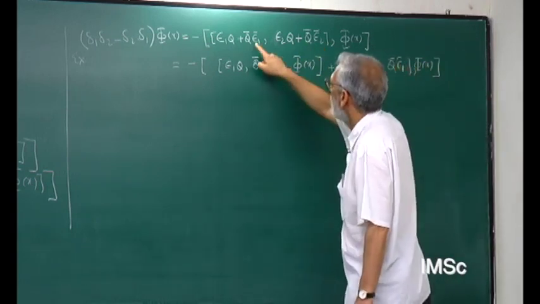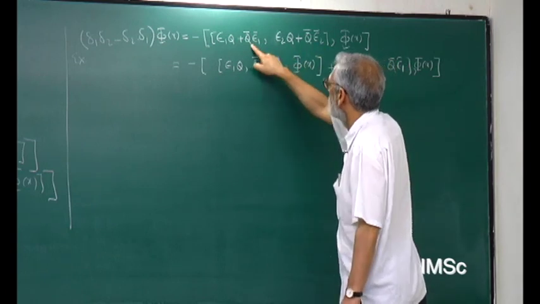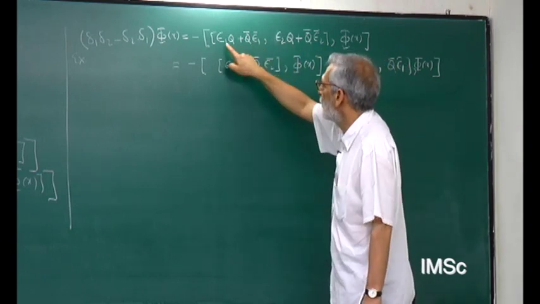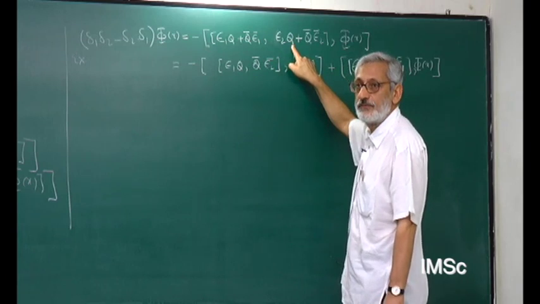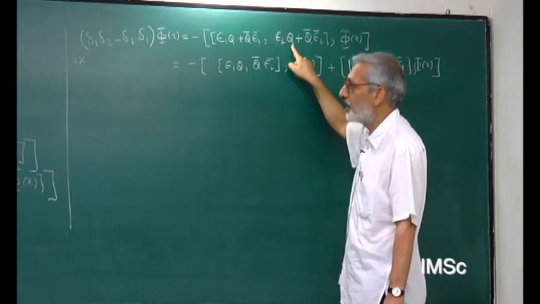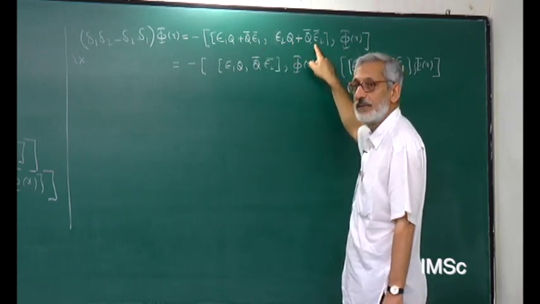This one is with this and this, sorry, this and this. Commutator of this one and this one is 0. That's a 0, SUSY algebra. Commutator of this and this is 0.